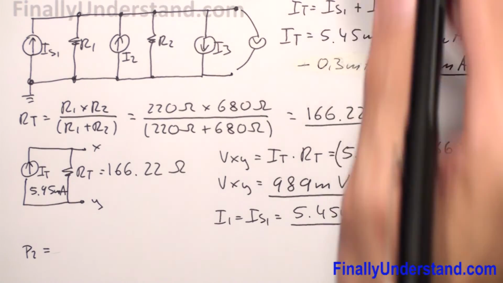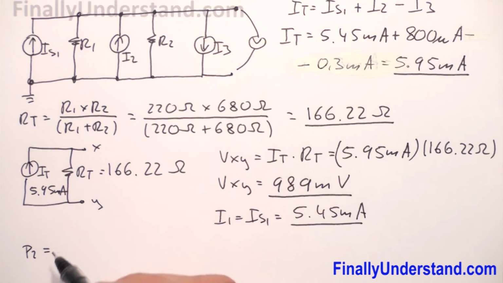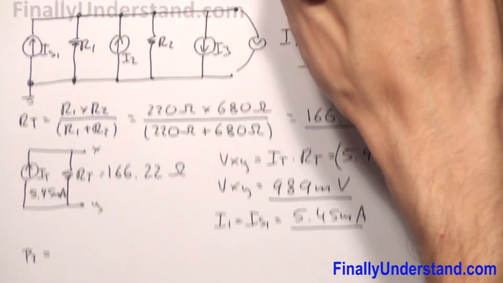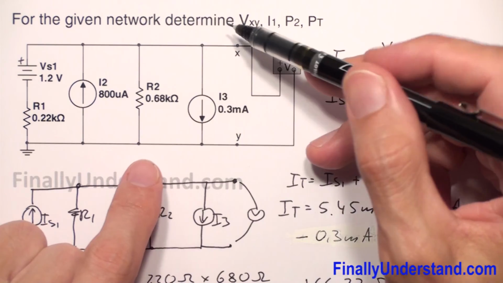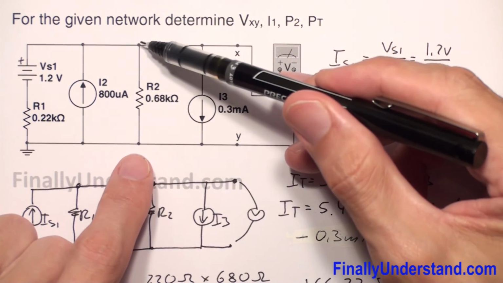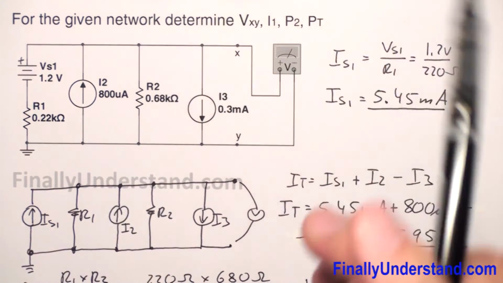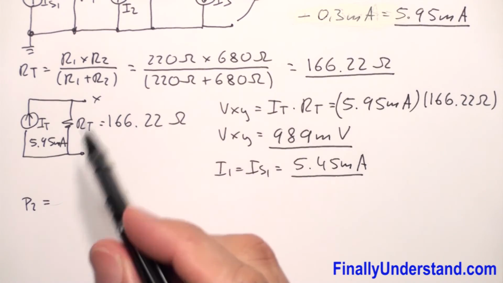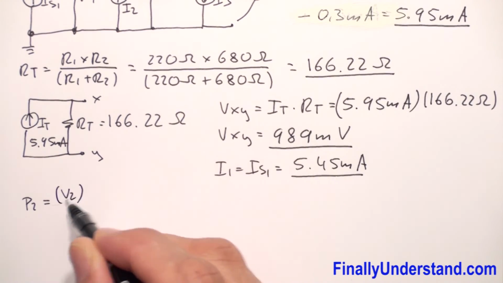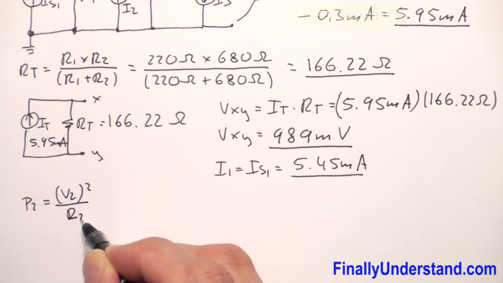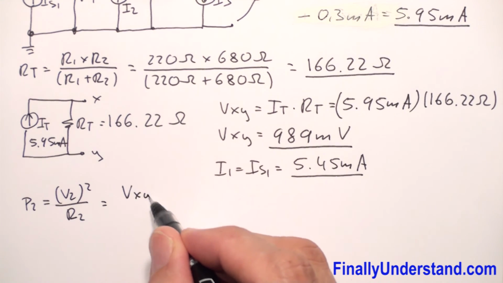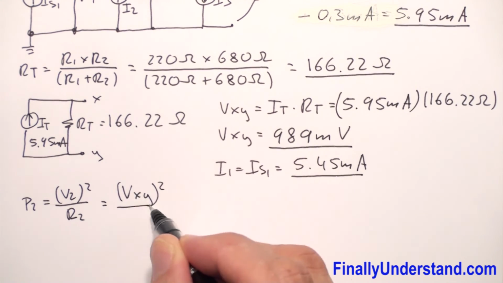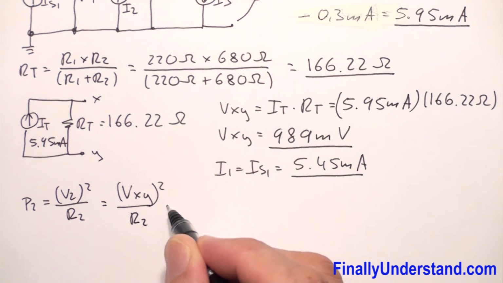P2, okay, so P2, this is the power at resistor 2. You're supposed to realize that voltage across resistor R2 is equal to voltage Vx. So voltage across these 2 points is going to be the same voltage across resistor R2. So P2 is equal to V2 to the second power over R2. In other words, this is VXY to the second power over R2.